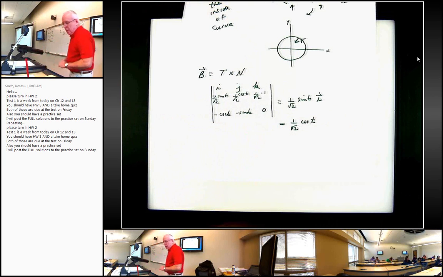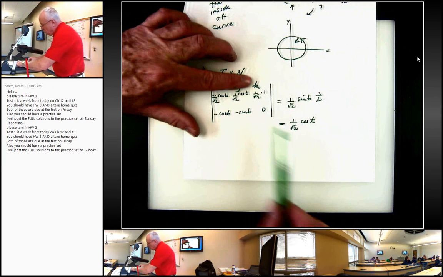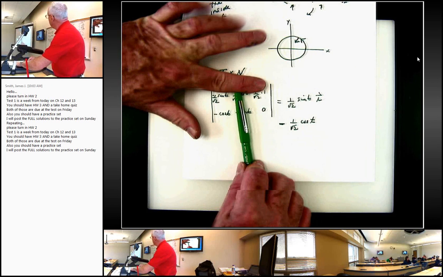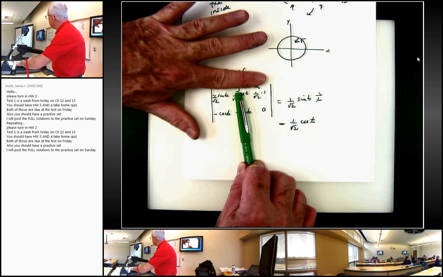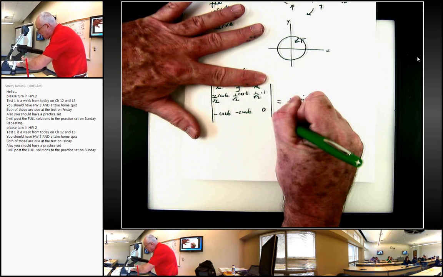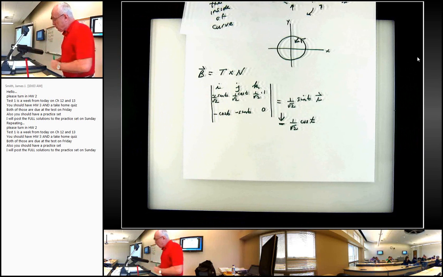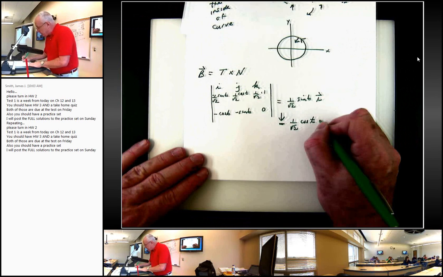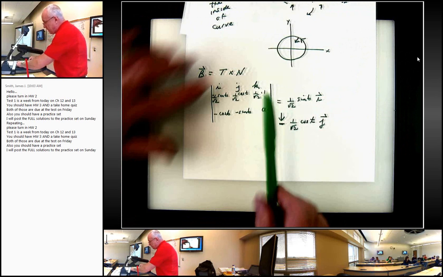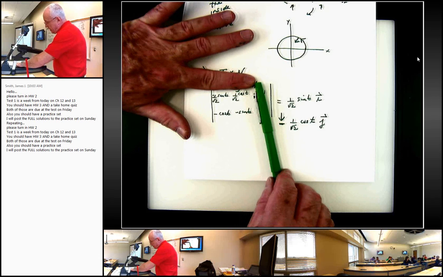Let's just make sure we're clear on this. We got the double minus when we subtracted, but remember, we have to have a minus in front of it in the first place. So that still gives us a minus 1 over square root of 2 times cosine, and that's our j component. And then our k component, we cross these out, and what do we have?